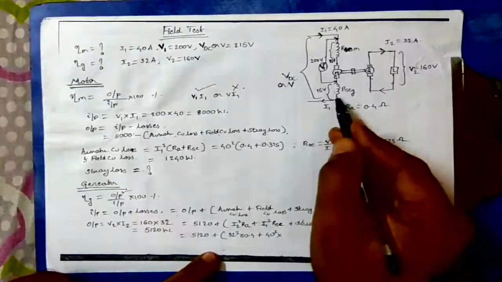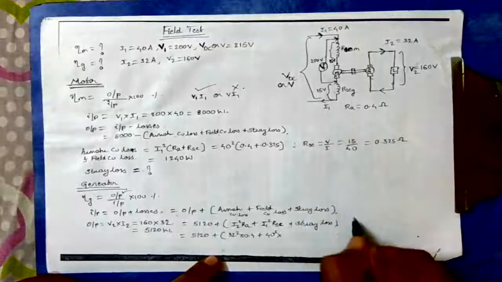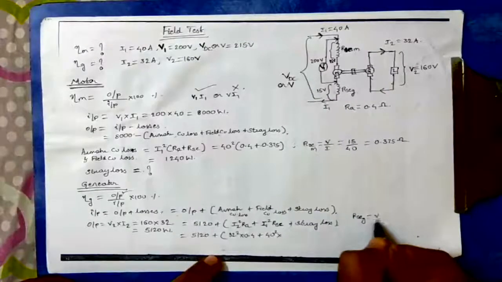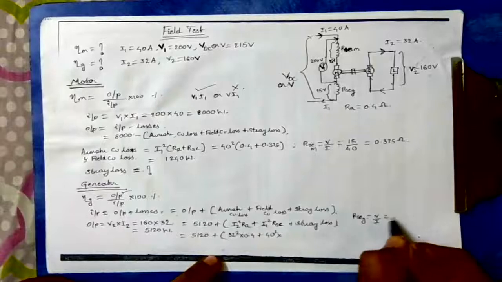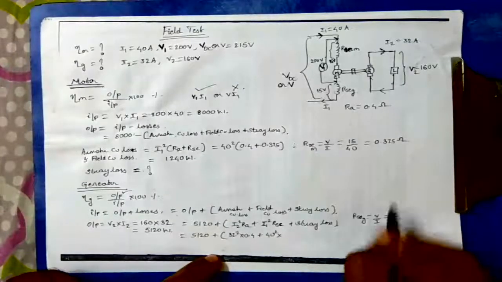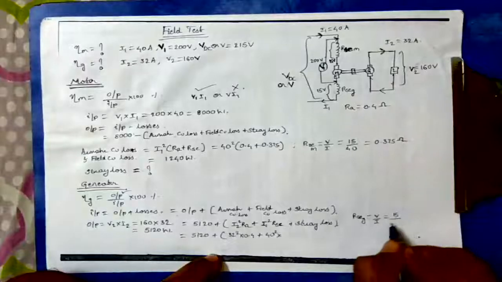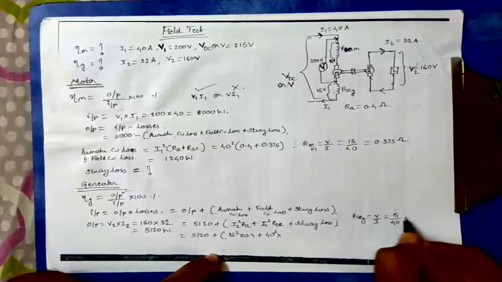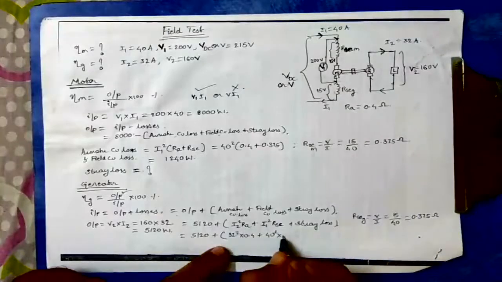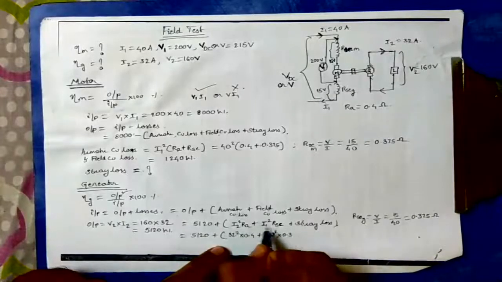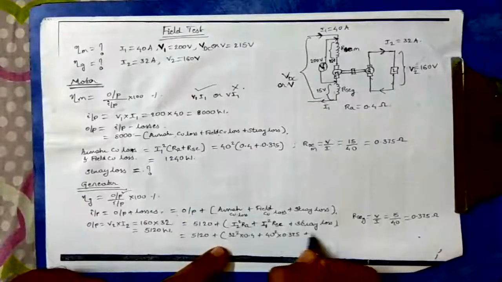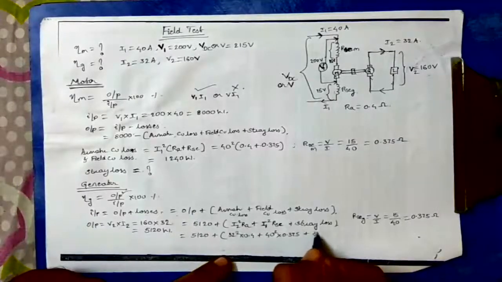RSC of the generator is again the same as that of the motor. It is V by I: there is a 15 volt drop across it, and I is the current through the field winding, 40 ampere. That will be 0.375 ohm. Now what remains here is stray loss.